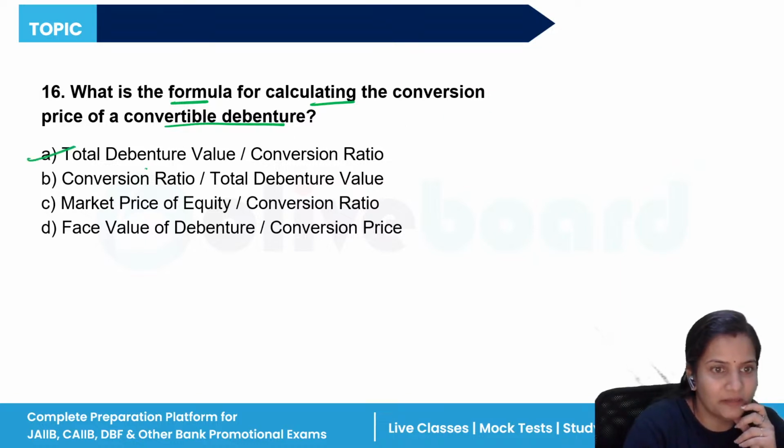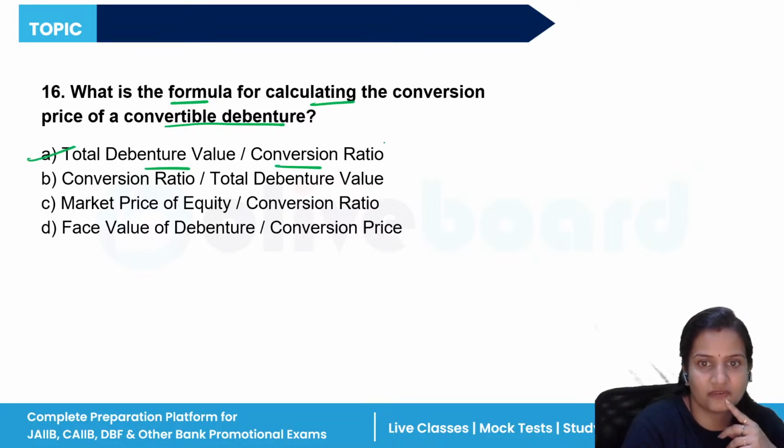Yes, it is total debenture value by conversion ratio. Okay, forget this part.